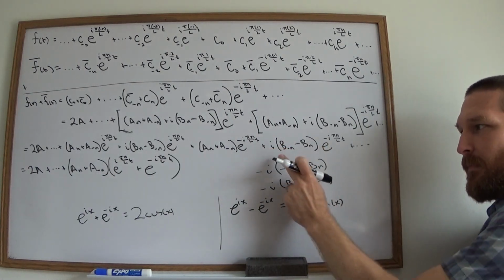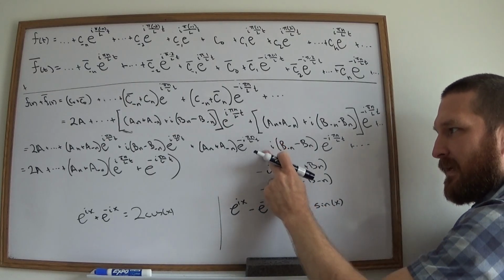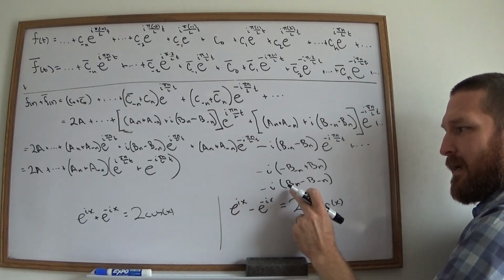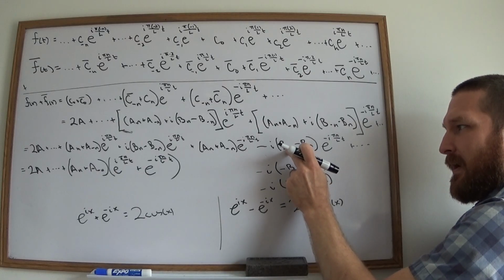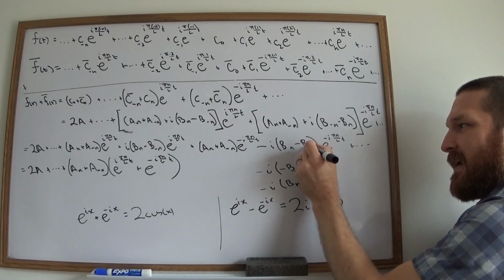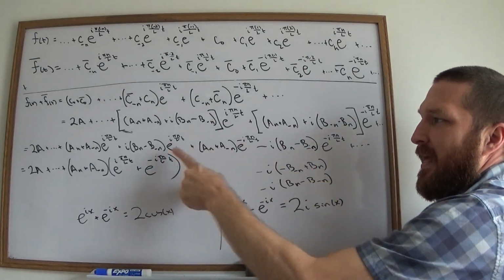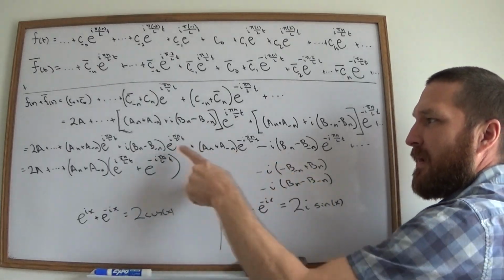So I'm going to go ahead and do that. I'm going to rewrite this as that. I'm going to say that's the same thing as minus i times b positive n minus b negative n, like that. And now we have that and that are the same number.